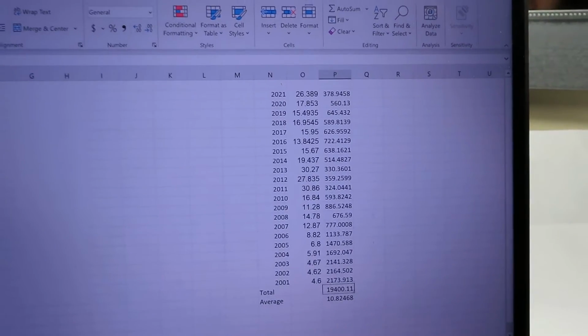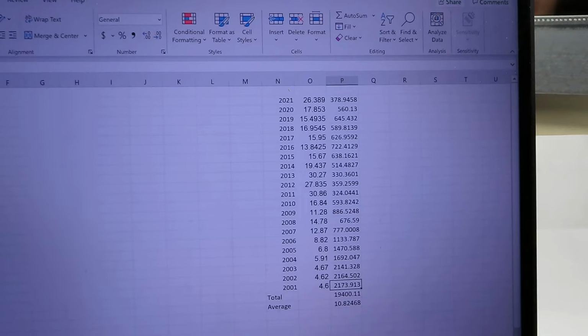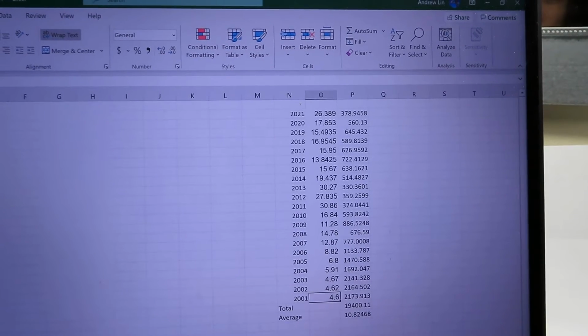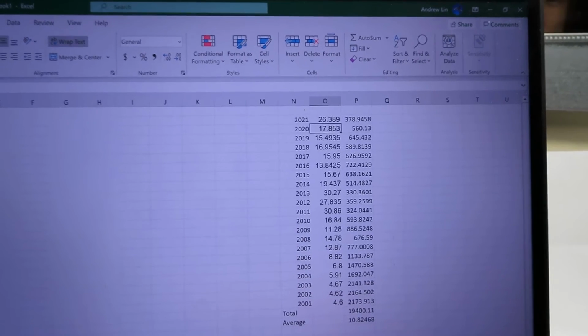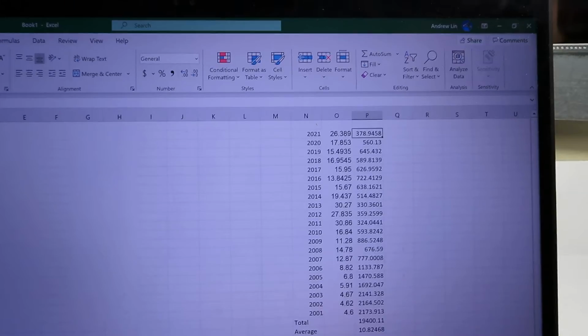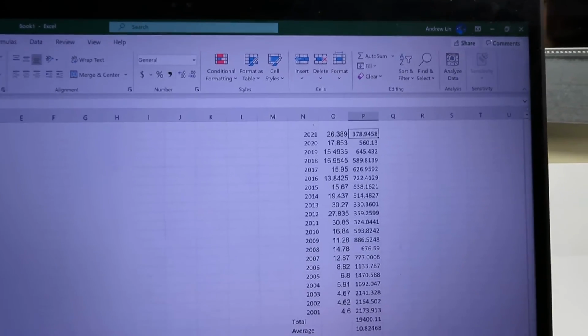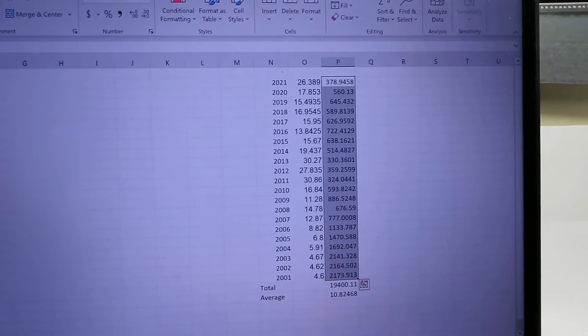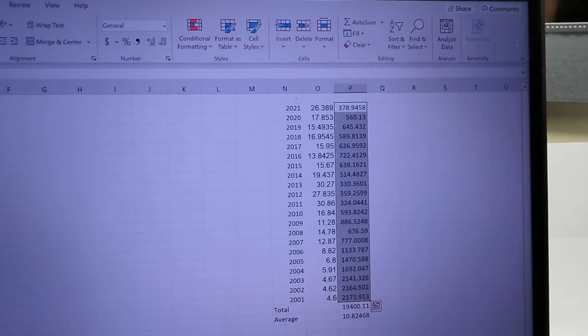Now, if you've been dollar cost averaging silver for the last 21 years, so at the beginning of 2001 it was 4.6, and at the beginning of 2021 it was 26.389. Let's imagine you invested $10,000 a year into silver. In 2001, you would have bought 2,100 some ounces of silver.